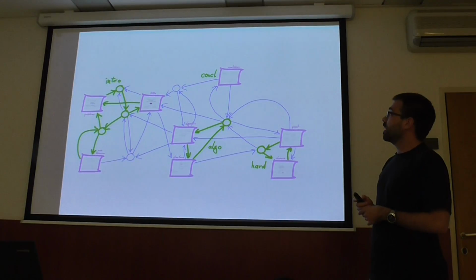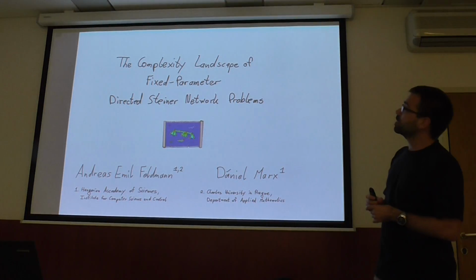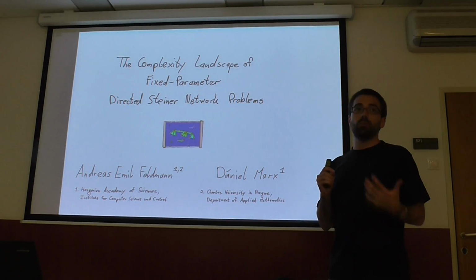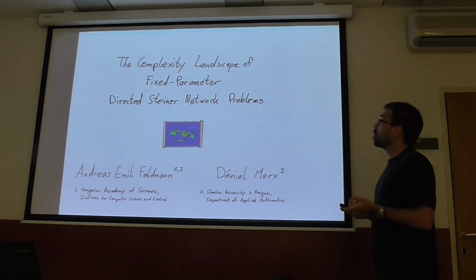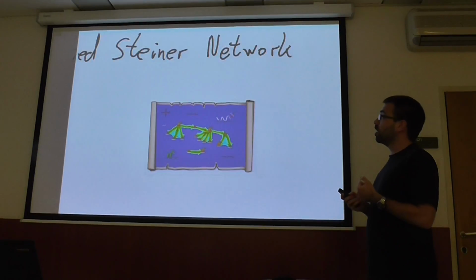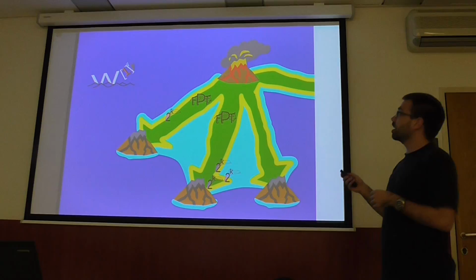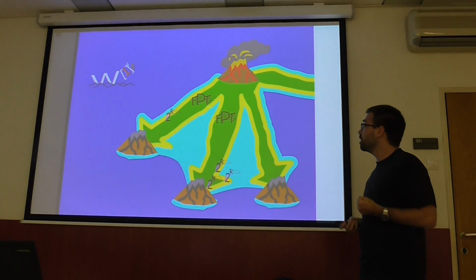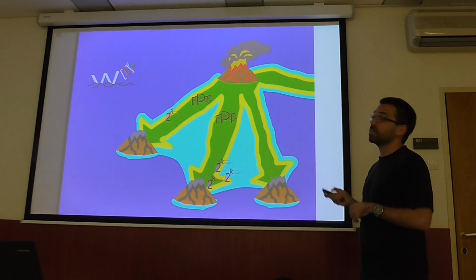Okay, so much for that. This brings me back to the first slide. I hope I was able to show you how we obtained this map of the complexity landscape. What was known before our work is basically this part of the map, where we knew that the DST problem where the pattern is an outstar is tractable, and we knew that there are some deep waters outside.